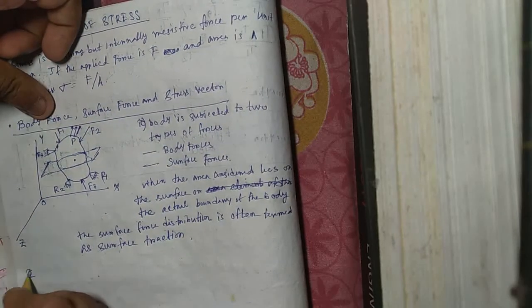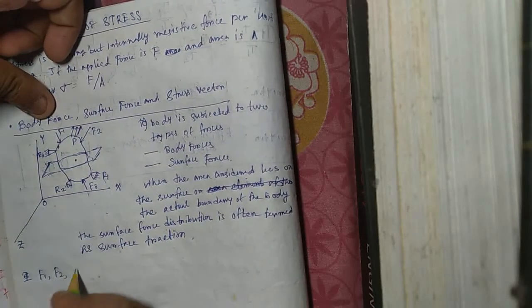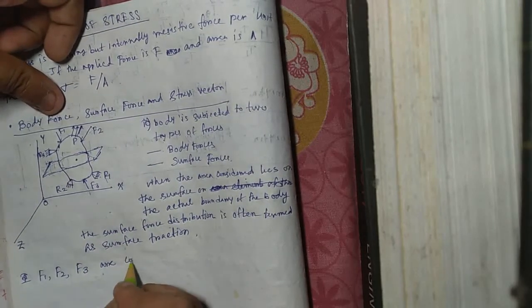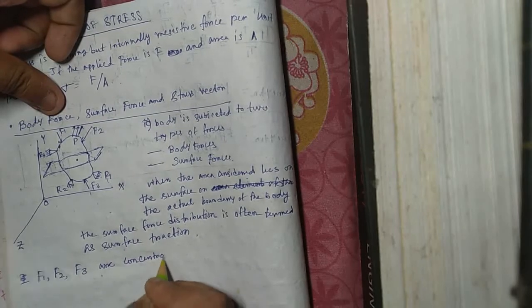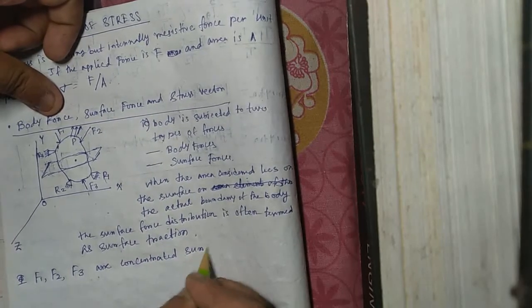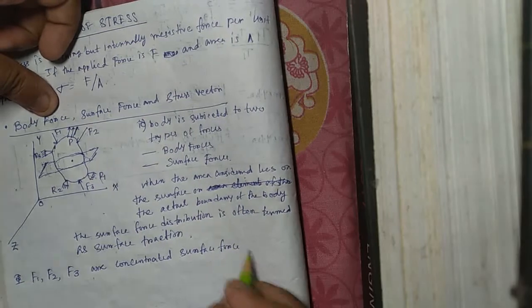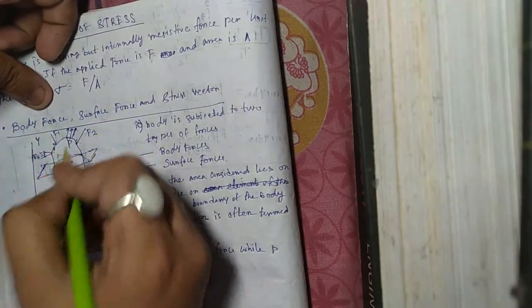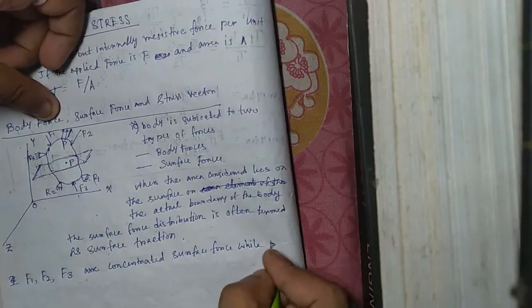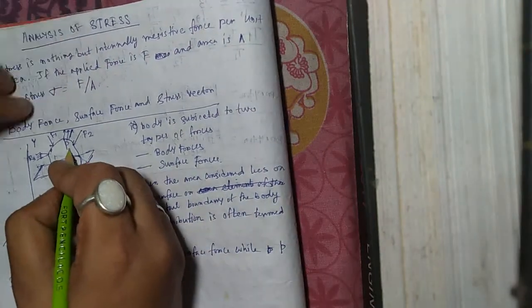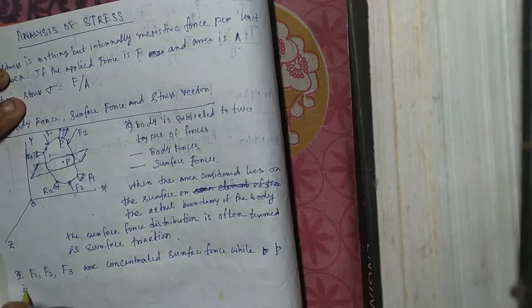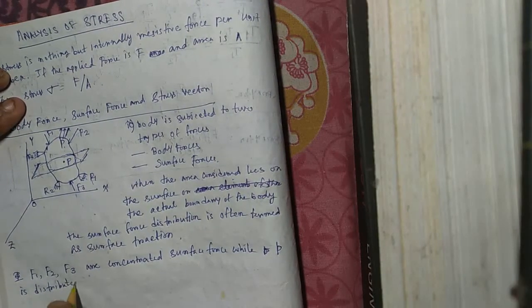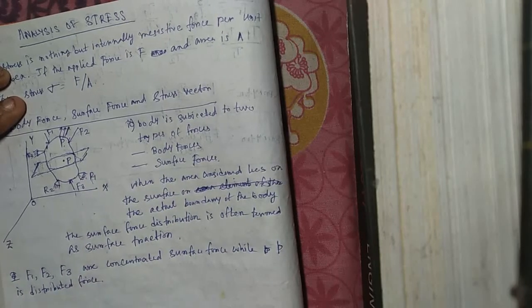So the main point is that F1, F2 and F3 are concentrated surface forces, while small p is a distributed force.